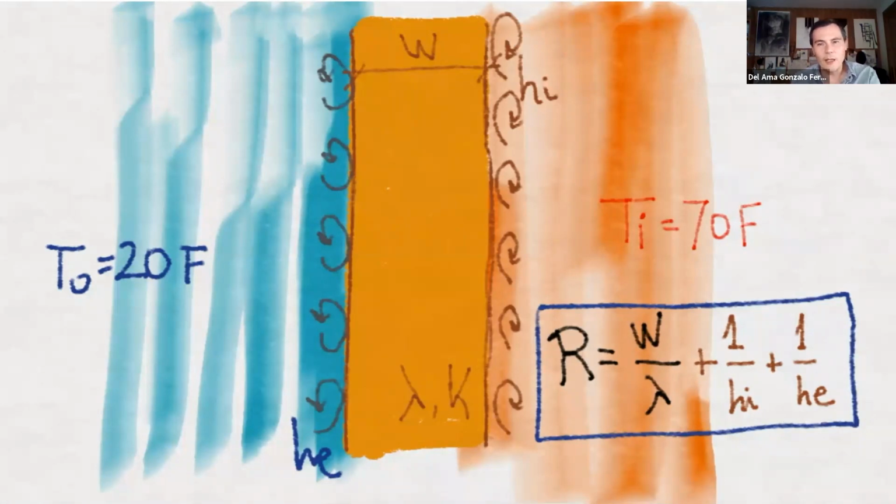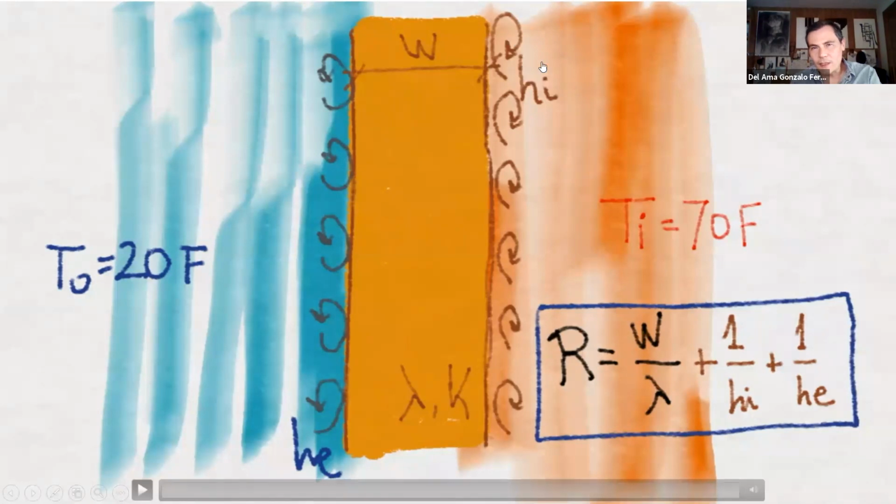And this is the thermal resistance: 1 divided by this convection, radiation coefficient, inside and outside. So at minimum, if we are assessing the thermal resistance of a wall, we need 3 layers: the solid one, the interior air layer, and the exterior air layer. So there are always 3 thermal resistances: 1, 2, and 3.